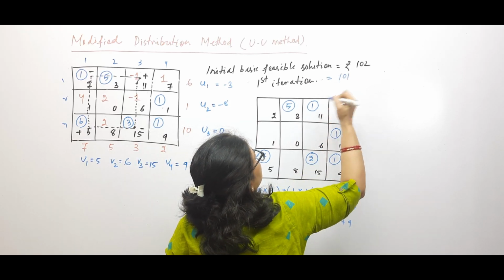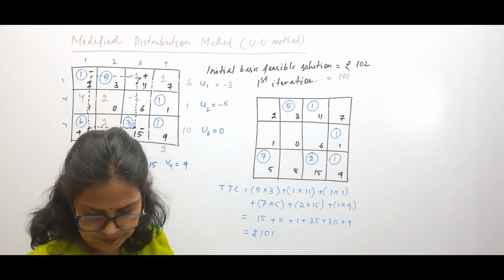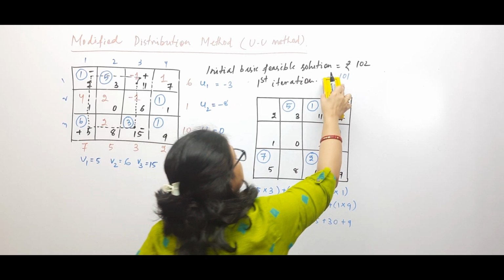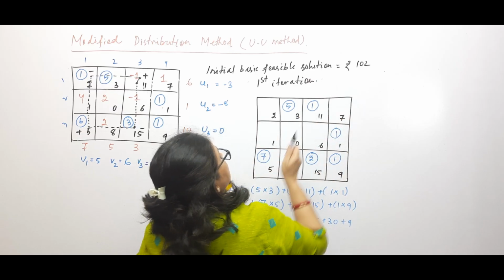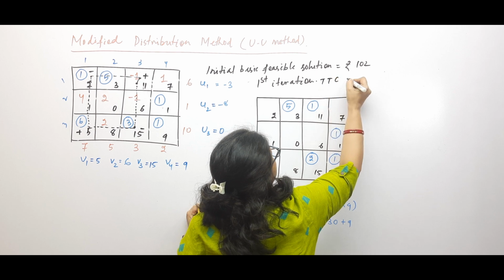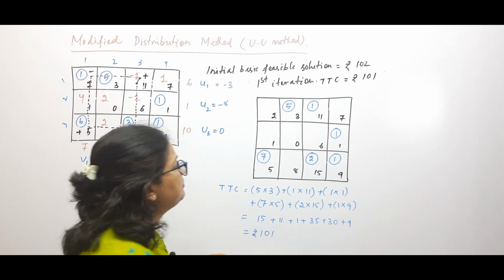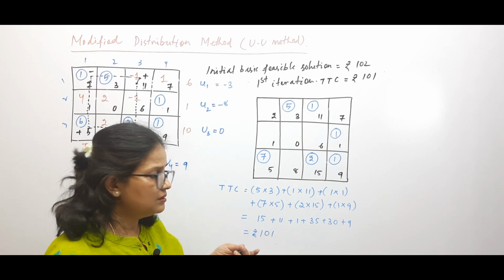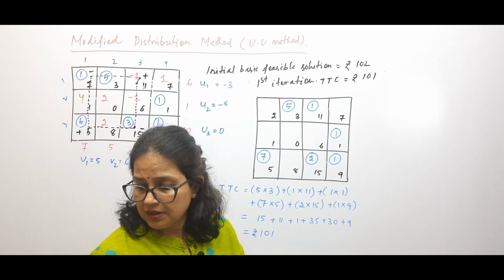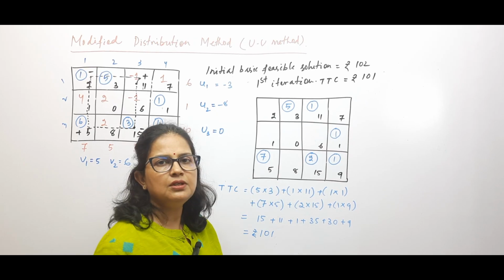For the first iteration, the total transportation cost equal to rupees 101. Is this optimal or not? Need to check again. Again we have to go for calculating the U and V values. Then we have to calculate the delta ij value and we will check for the optimality.